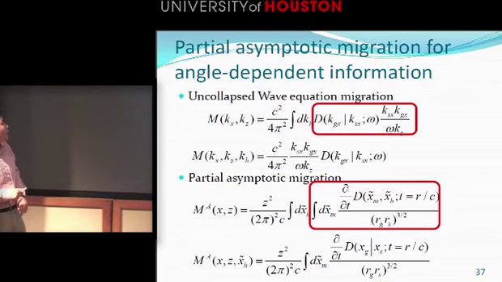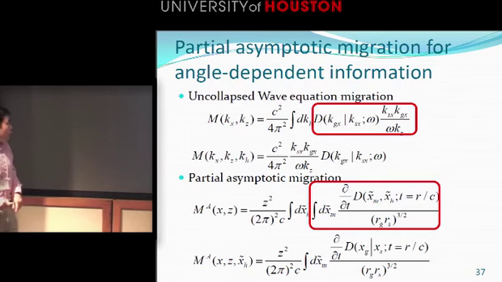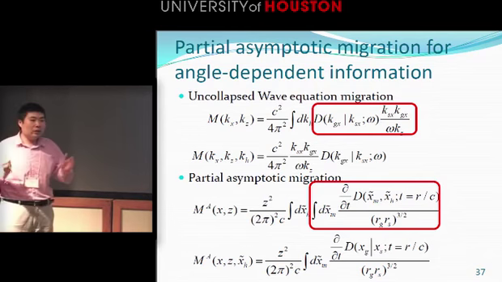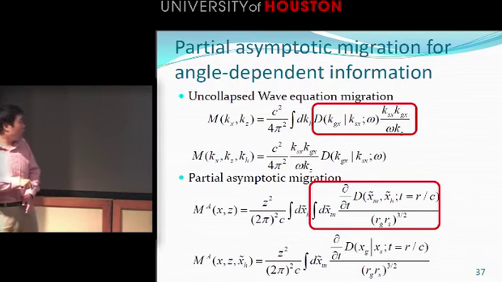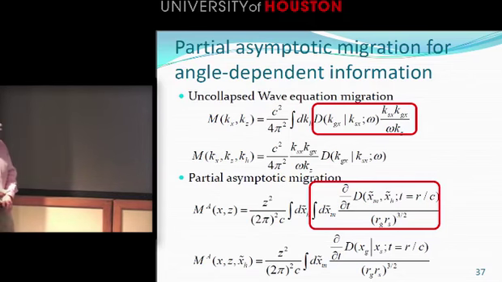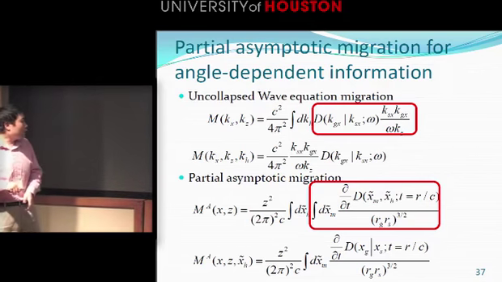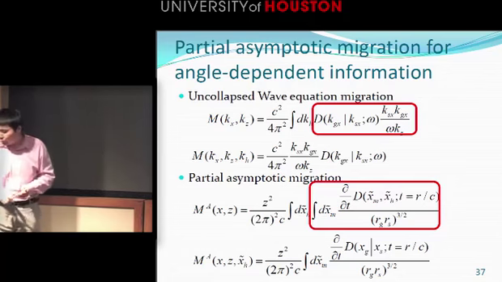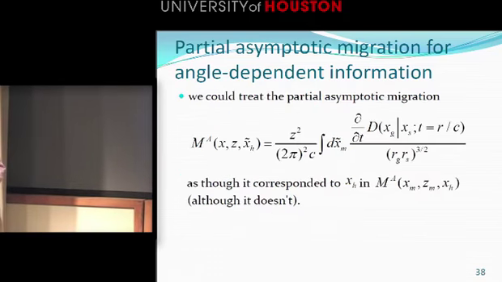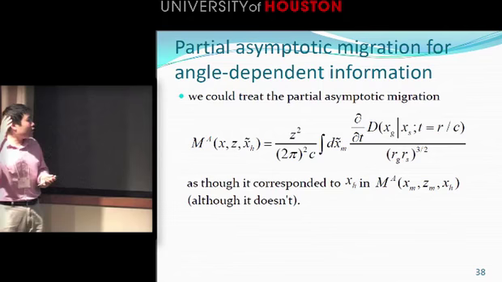So we call that uncollapsed migration. But here, if we do not do this integral, for a fixed xh we only use part of the data to do this asymptotic migration. So that is not an uncollapsed migration, but a partial asymptotic migration. Partial means that we only use part of the data. So this one is not equal to this one. However, we can pretend this is similar to what I showed previously.